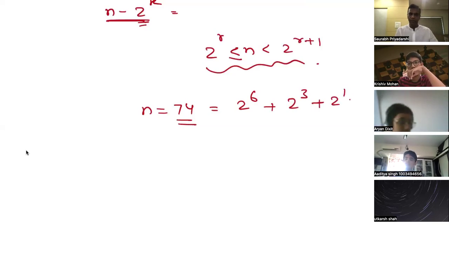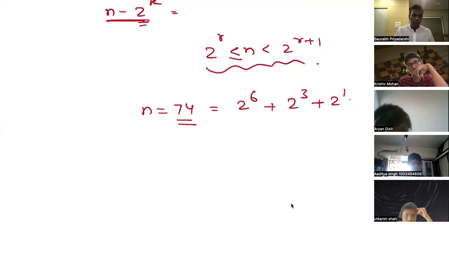I guess everyone is getting this, right? So this is the first theorem. This is one of the basic things. Everyone is getting this. Sanjana, very good.